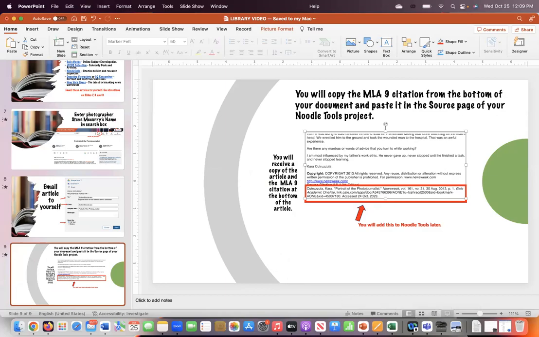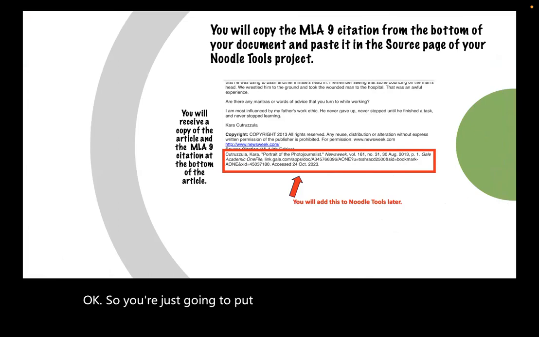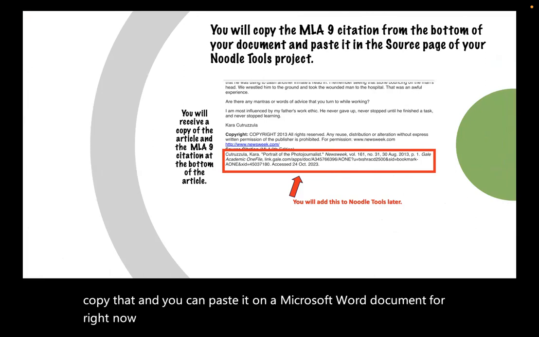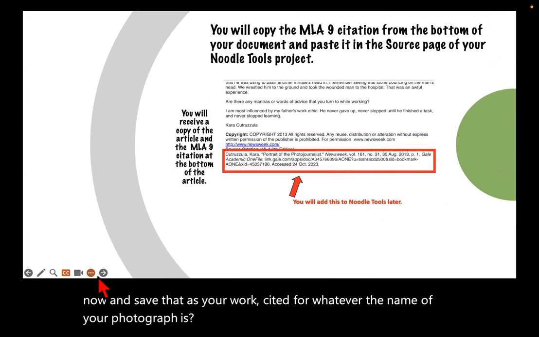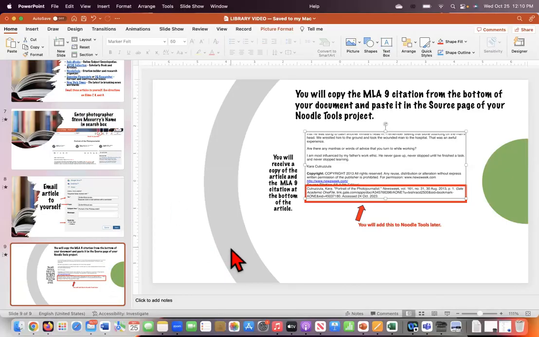Okay, so you're going to copy that, and you can paste it on a Microsoft Word document for right now and save that as your works cited for whatever the name of your photograph is. Okay, so that is what you do there.